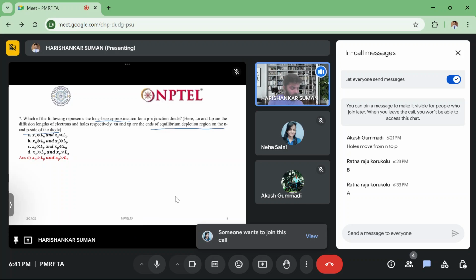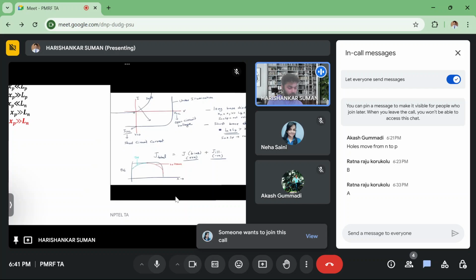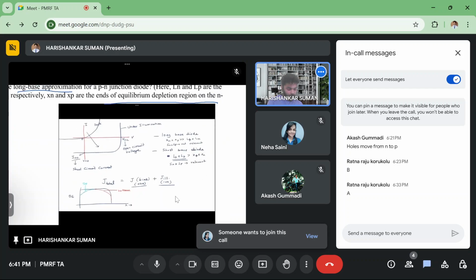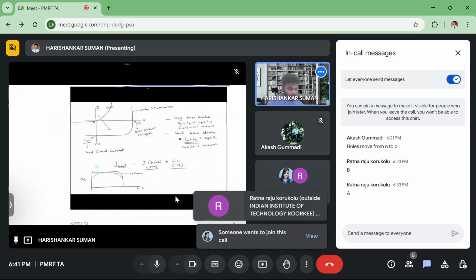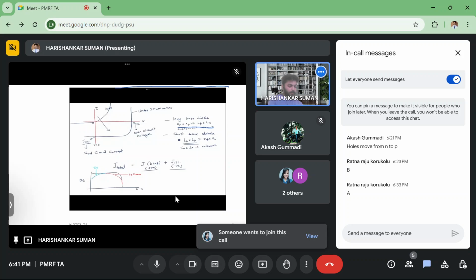Which of these represents the long base approximation? I think it was already discussed in class. Xn and Xp are much less than the diffusion lengths of electron and hole respectively. This is the long approximation for a p-n junction diode.